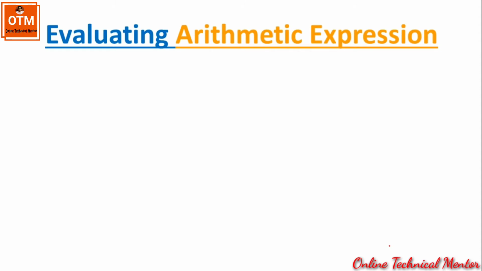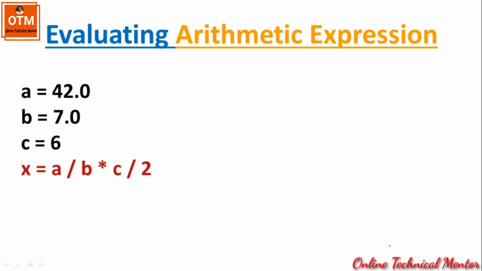When we evaluate an arithmetic expression, at the same time I will show you how the precedence and implicit typecasting work. So let me take this example. Say a equal to 42.0, that means a is float. b equal to 7.0, so b is also float, and c is initialized with 6, that means c is an integer.